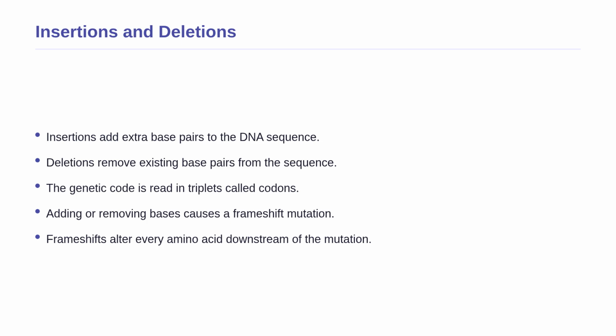Beyond simple substitutions, we have another major category of mutations that are often much more disruptive. These include insertions and deletions, where extra base pairs are added to or existing ones are removed from the DNA sequence. Because the genetic code is read by the cell in triplets, called codons, adding or removing a base is like adding or removing a letter in a sentence of three-letter words.